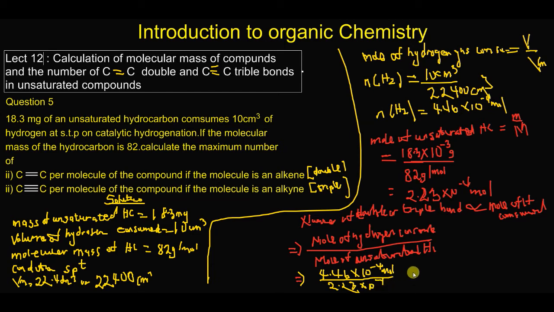So here we get the final answer to be 2:1. This is the mole of the hydrogen consumed. So we have 2 moles of hydrogen gas consumed per 1.